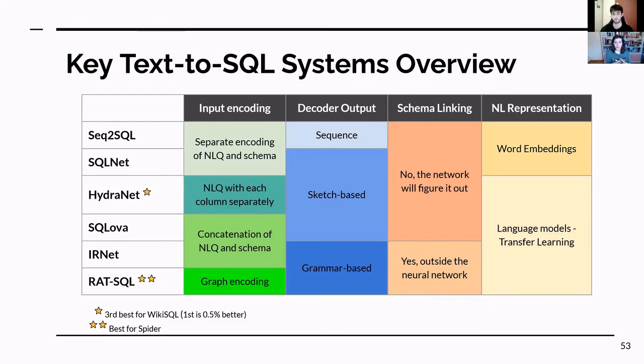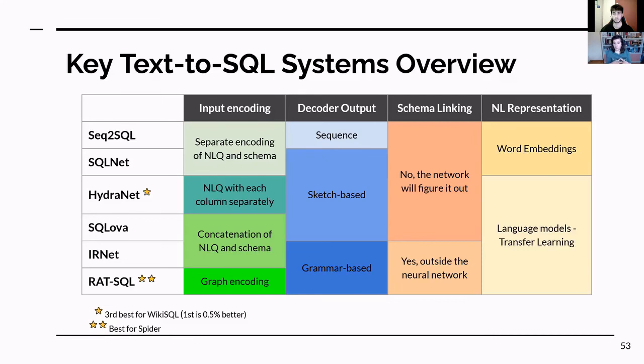On the other hand, sketch-based is an easy way to impose the syntax of the SQL output that we expect, but it has a certain degree of flexibility. And the systems like IRNet and WriteSQL that are grammar-based introduce a better flexibility in the type of queries they can understand and they can generate.